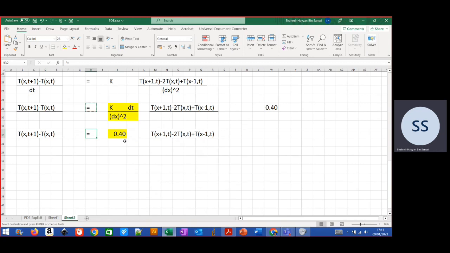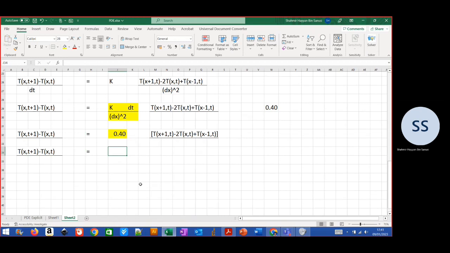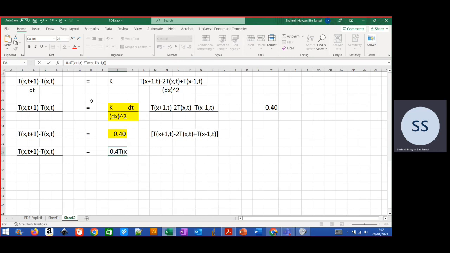If I expand this, because here we've got a bracket, meaning that everything needs to be multiplied with 0.4, the equation will become 0.4 Tx plus 1 T minus 2 times 0.4, you get 0.8, minus 0.8, plus 0.4 Tx minus 1 T. So what I did just now is expand this, multiply this with this, and this with this.